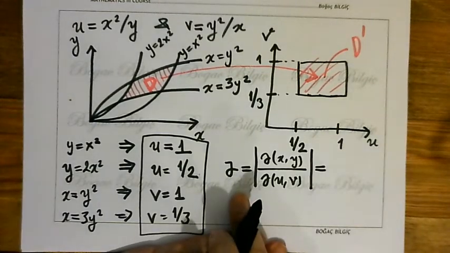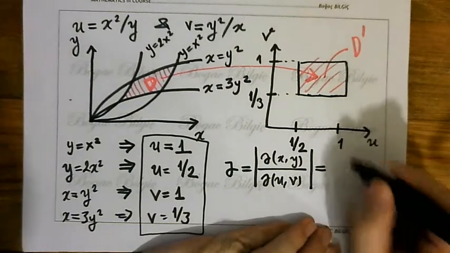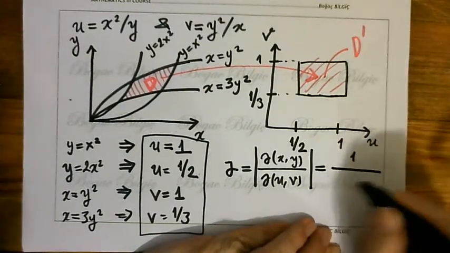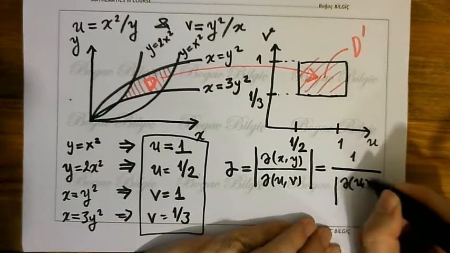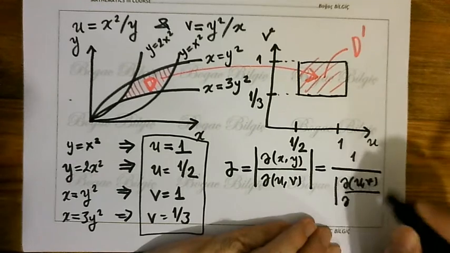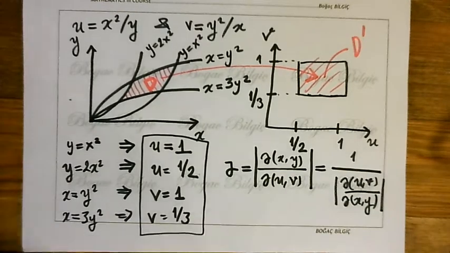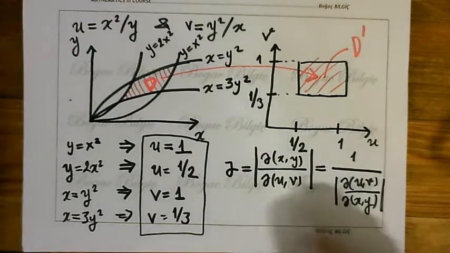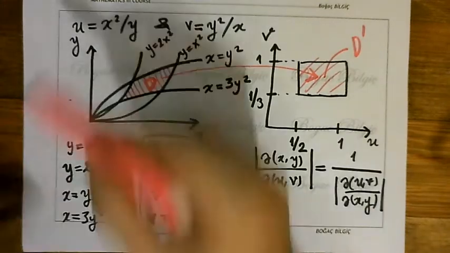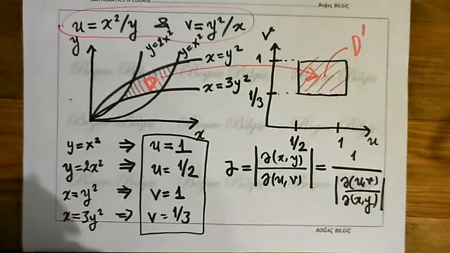This Jacobian is equal to 1 divided by the inverse Jacobian. So we calculate this Jacobian easily because we know this.